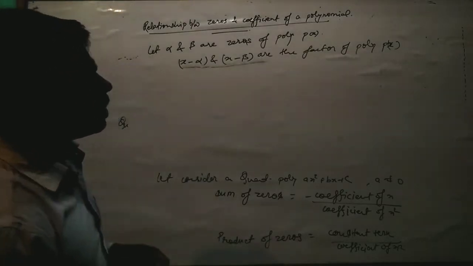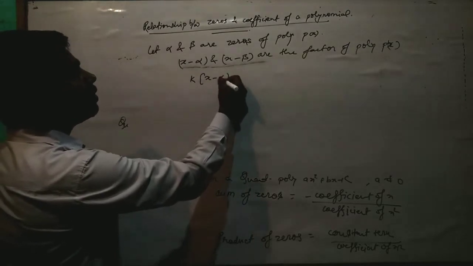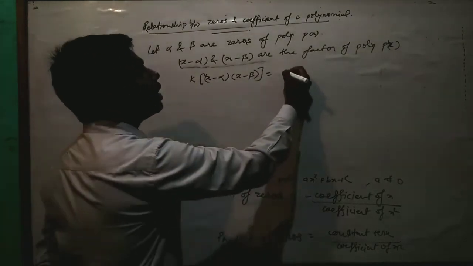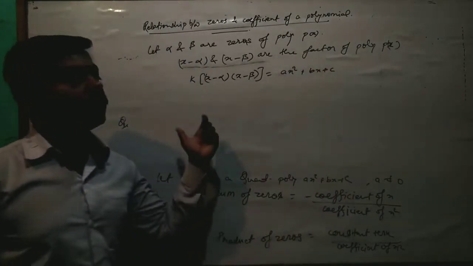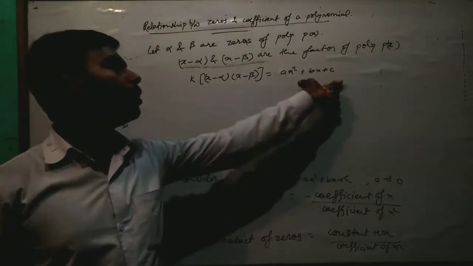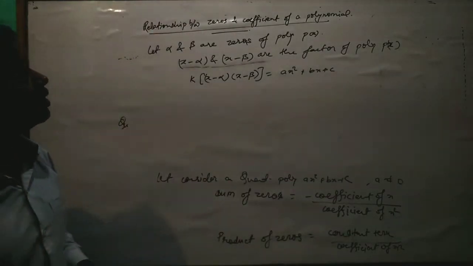Then it is possible that k into (x minus alpha) into (x minus beta) is equal to ax square plus bx plus c. When we multiply these two terms, we get the previous polynomial, ax square plus bx plus c.